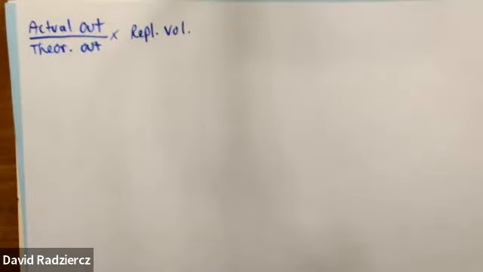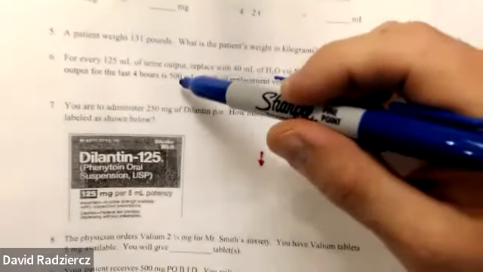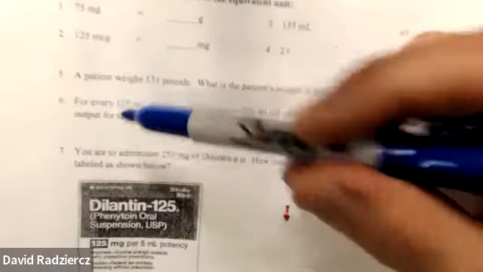So what was my actual output in this question? After 4 hours, we check, they voided 500 milliliters. So my actual output is 500 milliliters. My theoretical is 125 milliliters.